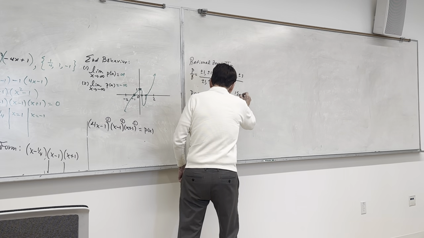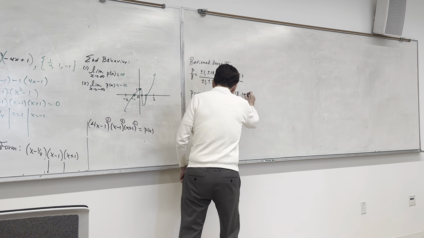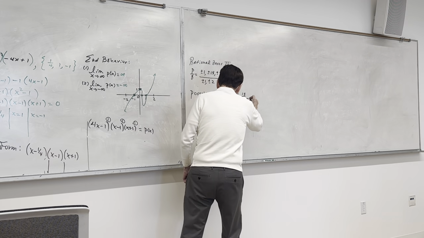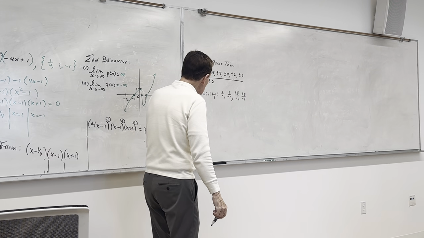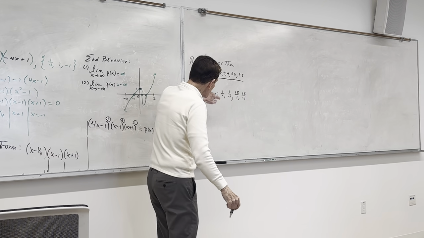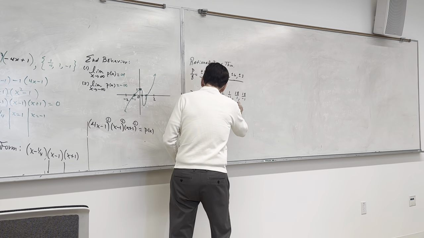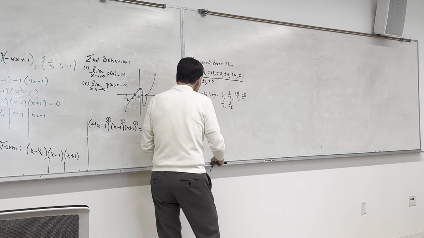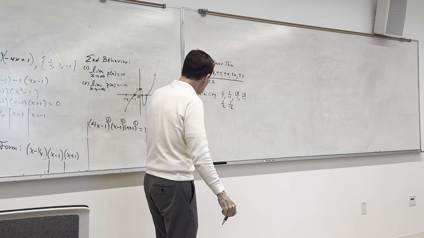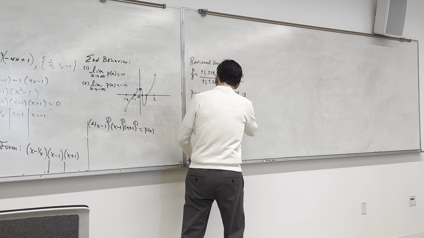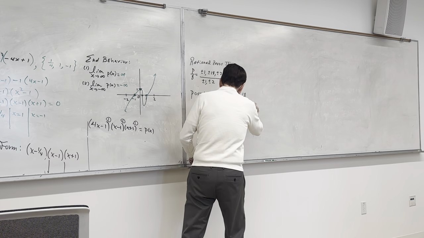Oh, we're going to have fun. 18 over negative 1. Let me get the 1 out of the way here. 1 over 2. 1 over negative 2. I've got 18 over 1, 18 over negative 1, and how about 18 over 2? 18 over negative 2.